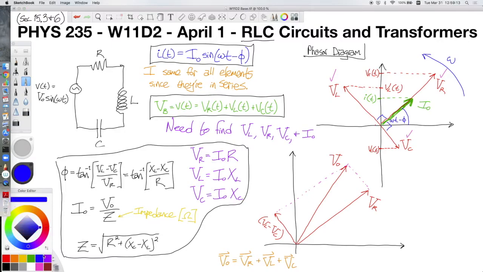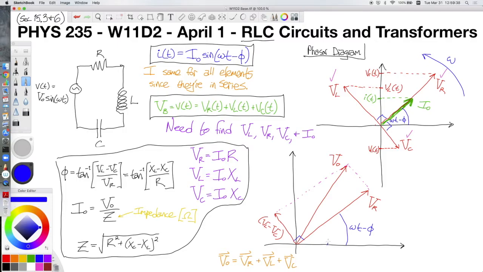So now let's label a couple of these angles to help make things a little more clear. This is a right angle, not a very good label, I'll make a better one, between V sub R and VL minus VC. And we already said that the angle between V sub R and the x-axis here was omega t minus phi.